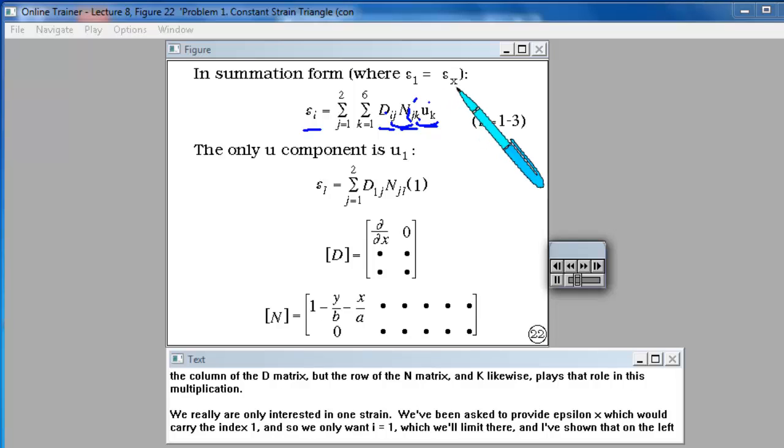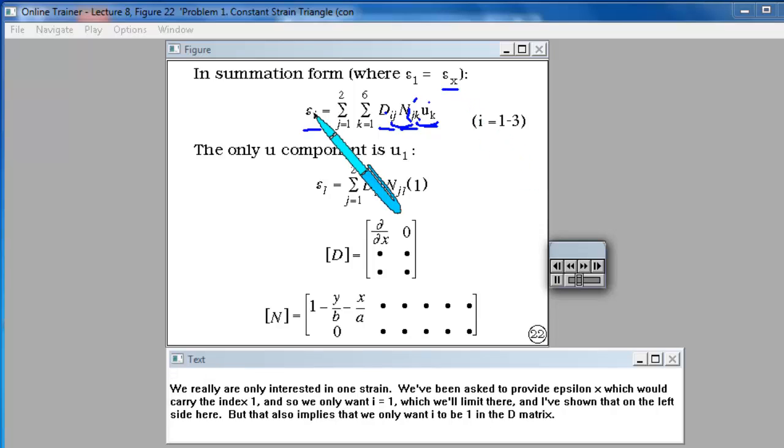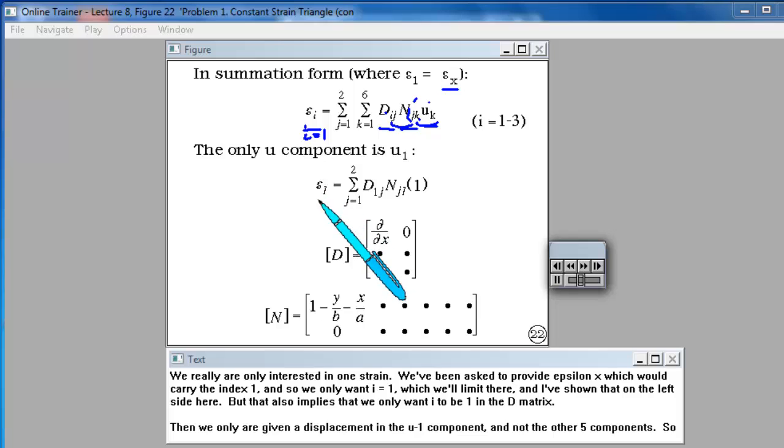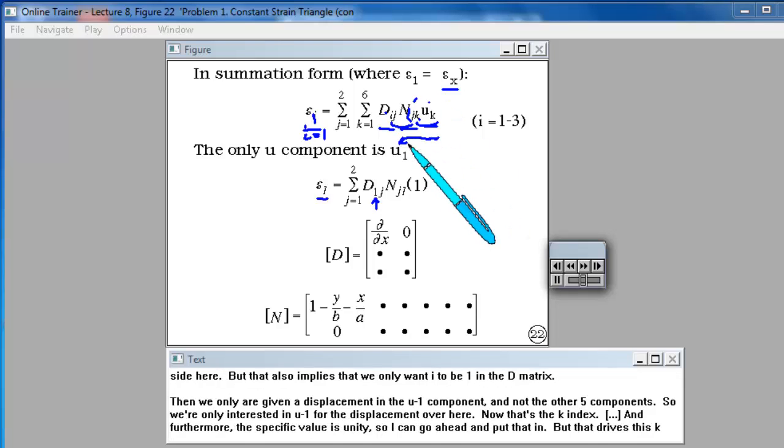We really are only interested in one strain. We've been asked to provide epsilon x, which would carry the index 1, and so we only want I equals 1, which will limit there, and I've shown that on the left side here. But that also implies that we only want I to be 1 in the D matrix. Then we only are given a displacement in the U1 component and not the other 5 components.